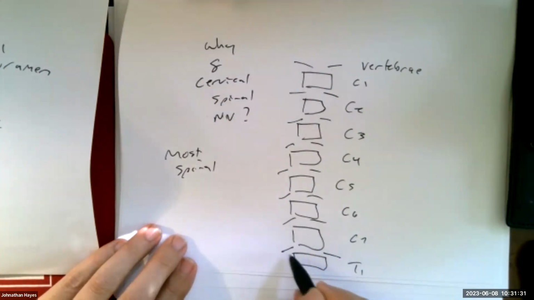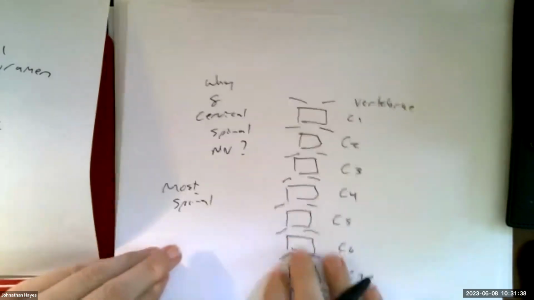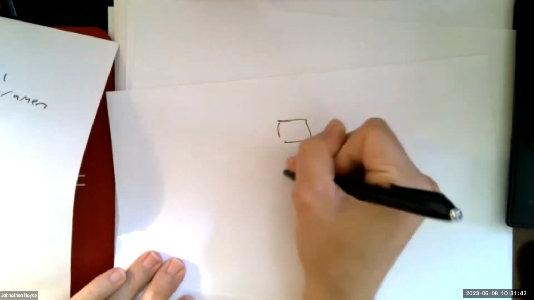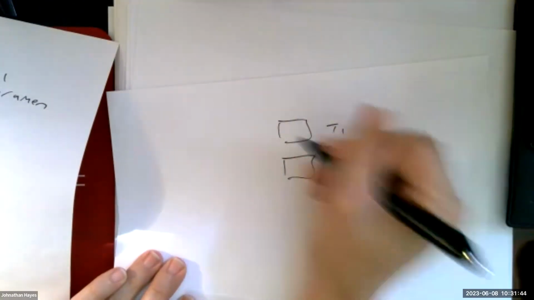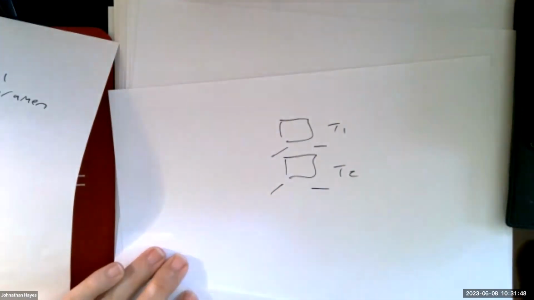The C8 spinal nerve comes out above T1, below C7. So that's where the numbers get off. And then once you get to T1, T2 vertebra, then it goes back to being normal again.